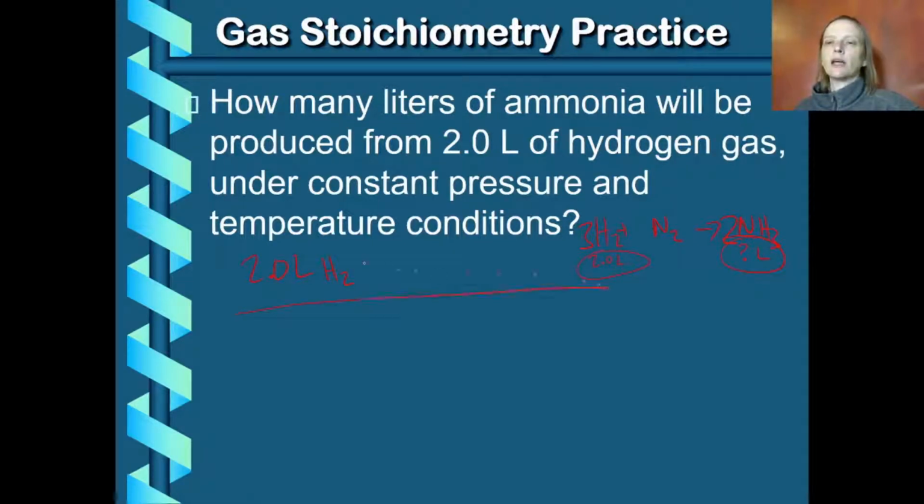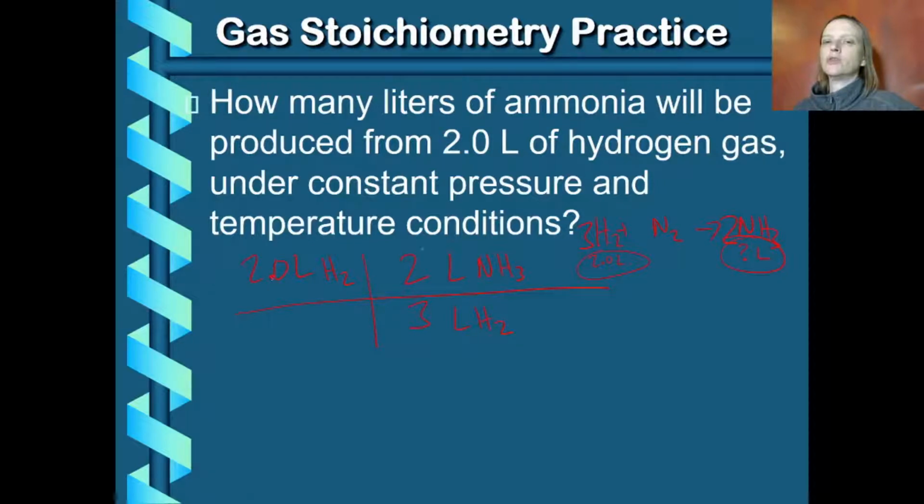So we've had lots of practice with this now. I need a conversion factor that gets rid of liters of hydrogen and brings in liters of ammonia, or nitrogen trihydride. And I get that from the mole-mole ratio in the balanced equation. Because this is gases, this works. 3 is the number next to hydrogen, and 2 is the number next to ammonia.